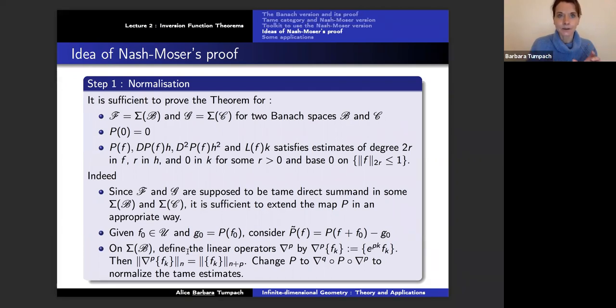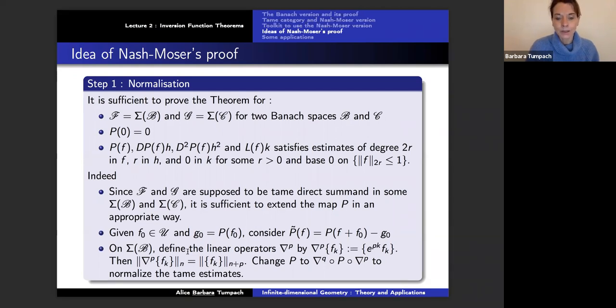In the hypothesis, we know that the Fréchet spaces are Tame, so they are a Tame direct summand of some sigma B. And so what we do is we extend everything to this sigma B, and that's where we will work. We do what is needed such that the map maps 0 to 0. And also we have estimates on this map, because in the hypothesis of the theorem the maps are supposed to be Tame. Tame is saying that they satisfy some estimates.